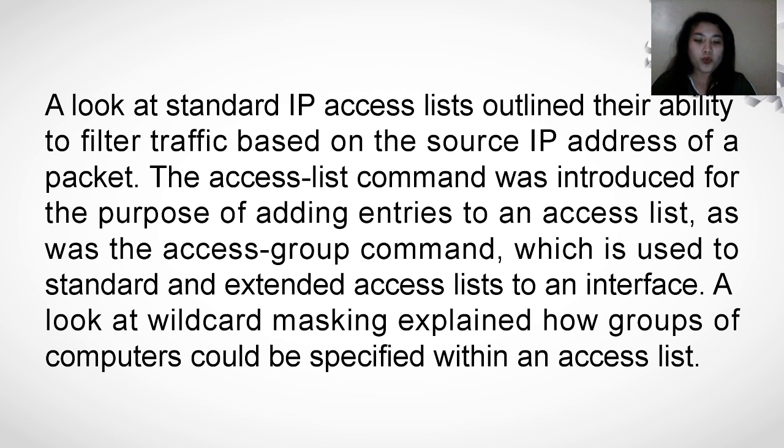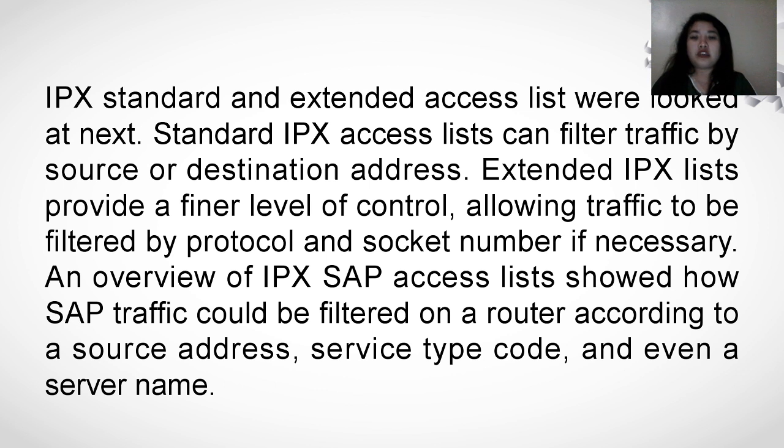The ability to monitor IP access lists was examined by looking at the command used to view access lists defined on the router, as well as those applied to interfaces. IPX standard and extended access lists were looked at next. Standard IPX access lists can filter traffic by source or destination address.